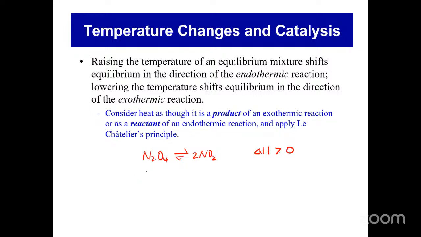All right, so again, we can rewrite this. Now in this case, N2O4 to NO2. Because delta H is positive, what that means is that going from left to right, heat is absorbed. So in this particular case, I would put delta H on this side, right? Because heat is absorbed as the N2O4 reacts to form NO2.